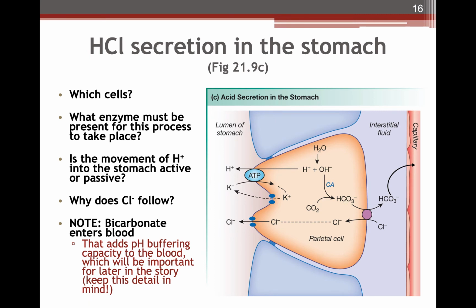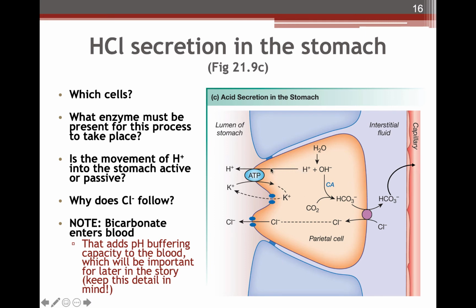I don't think they're consciously trying to screw with you, but it is kind of screwing with you. But water and carbon dioxide go in, hydrogen ions and bicarbonate ions come out. And it's all being handled by that same enzyme again that we heard about before. CA stands for carbonic anhydrase. And so this is how a surplus of hydrogen ions are produced.